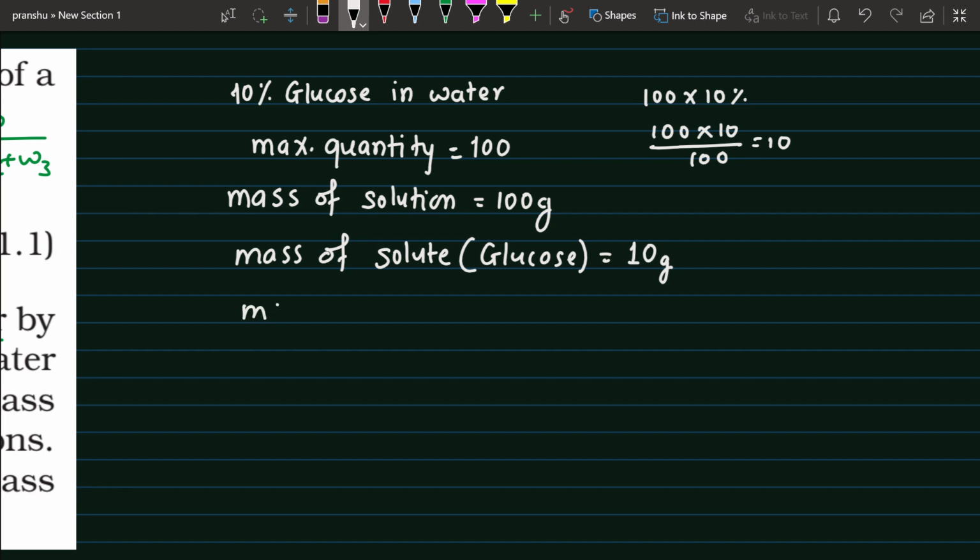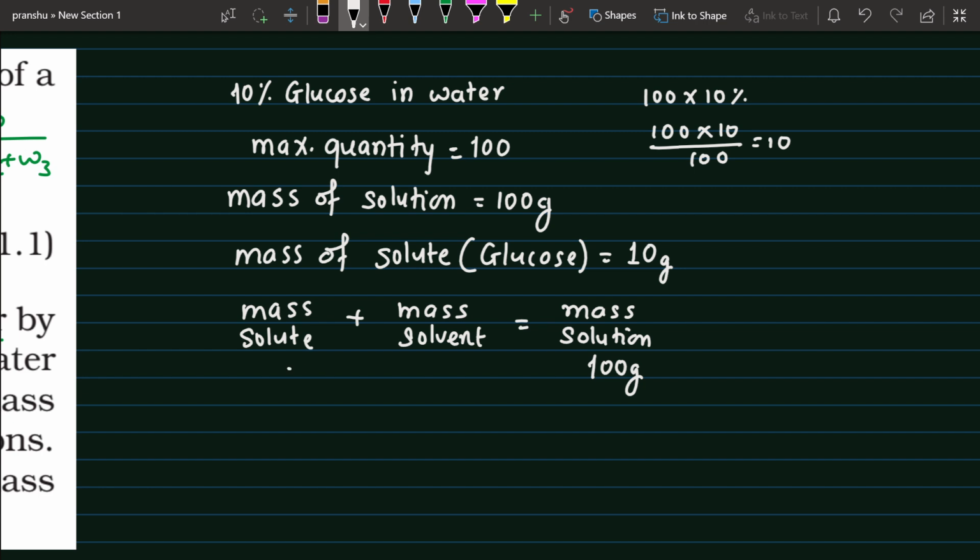As we know, mass of solute plus mass of solvent is equal to mass of solution. So mass of solution is 100 gram, mass of solute is 10 gram, so mass of solvent X is equal to 100 minus 10, which is 90 gram.